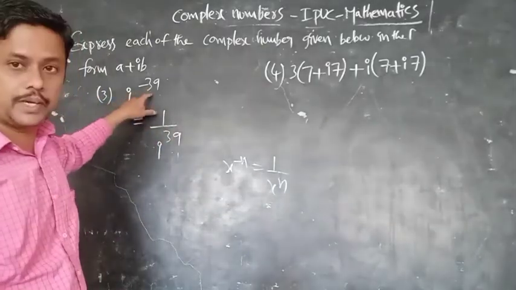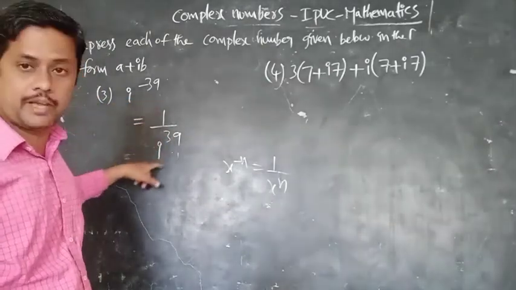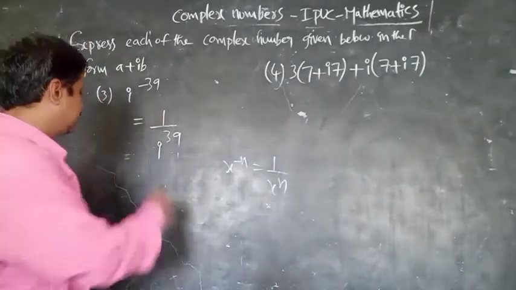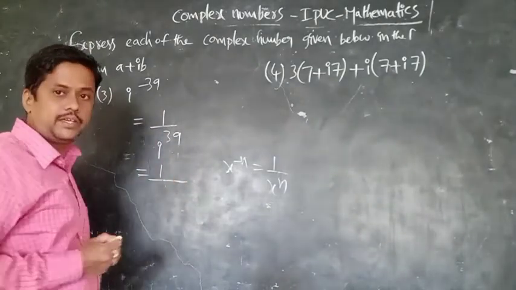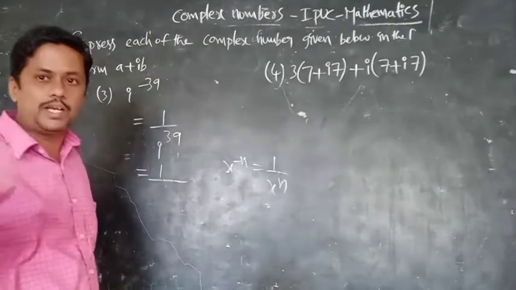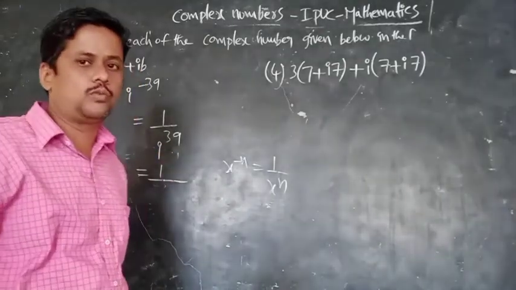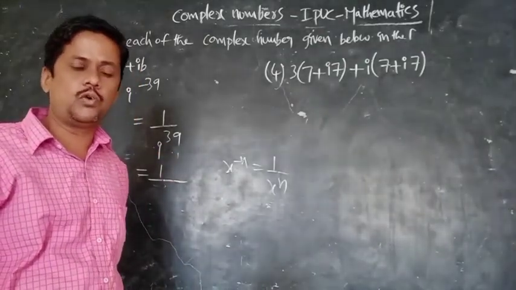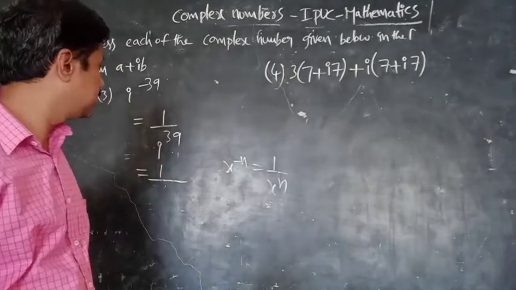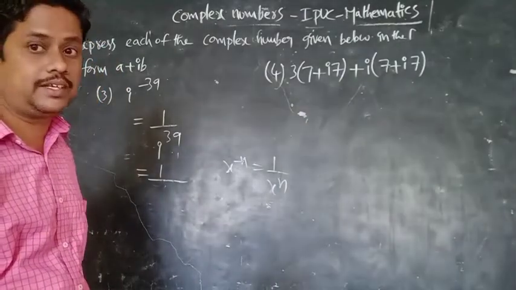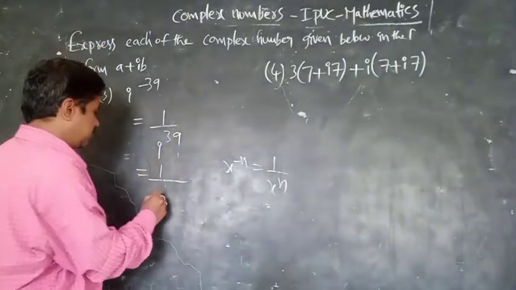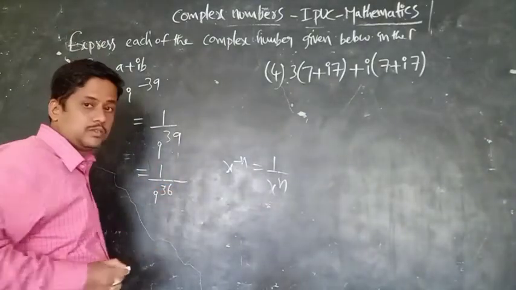i to the power of minus 39 is equal to 1 divided by i power 39. Now we simplify. 1 divided by i power 39. You multiply, 4 tables are there. 4 5s are 20, 4 8s are 32, 4 9s are 36. So i power 36 is 1.